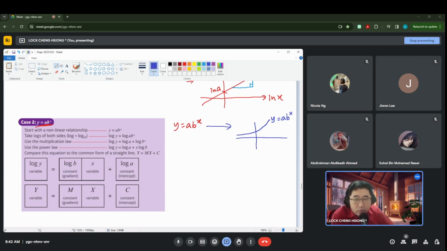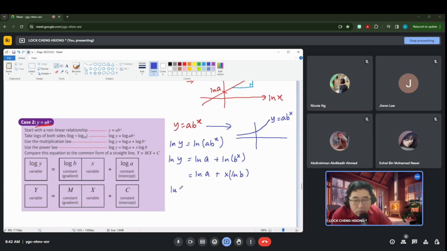Then we apply the log rules. So ln y equals ln of ab power x. Then ln y equals ln a plus ln b power x, then ln a plus x ln b.